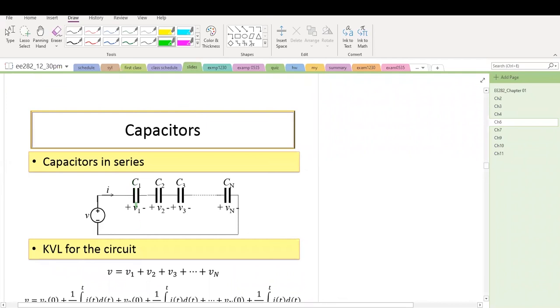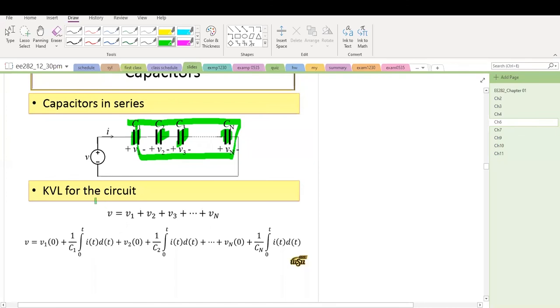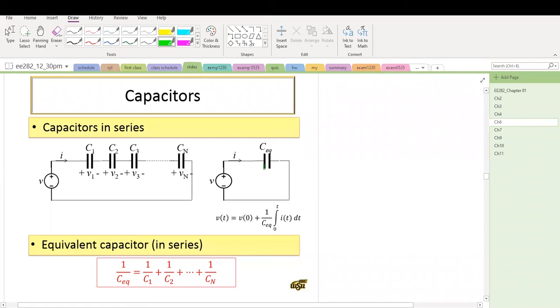Next, let's look at capacitors connected into a circuit. In this case, there are multiple capacitors in series. We want to find the equivalent capacitor for all of these connections. Again, using KVL and the voltage-current relationship of the capacitor, we plug it in. Then the equivalent capacitor follows this relationship, which is similar to the formula for resistors in parallel.